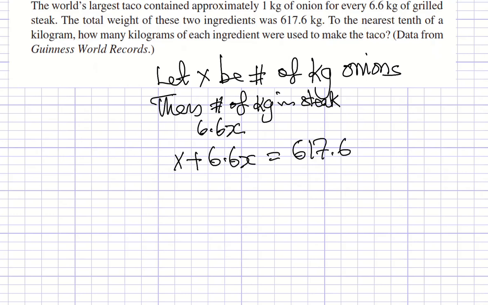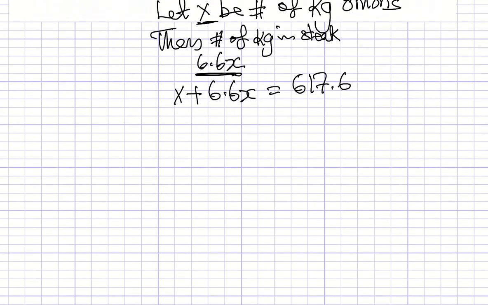You always want to pay attention to what they're doing. Everything is in kilograms. The 6.6x is in kilograms, and x is in kilograms too. So you solve for that. When you solve that, don't be fooled by fractions, okay? Never be fooled by fractions.